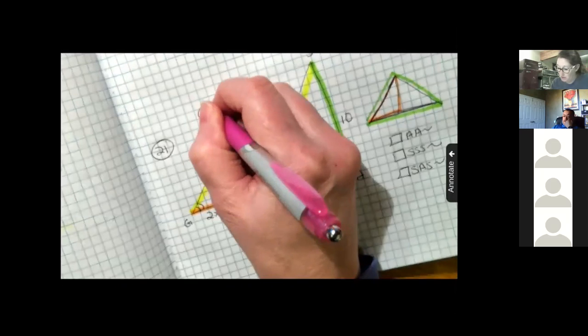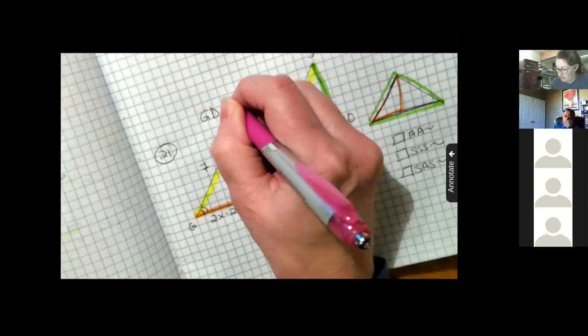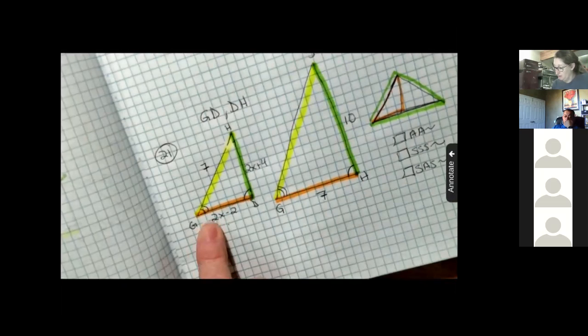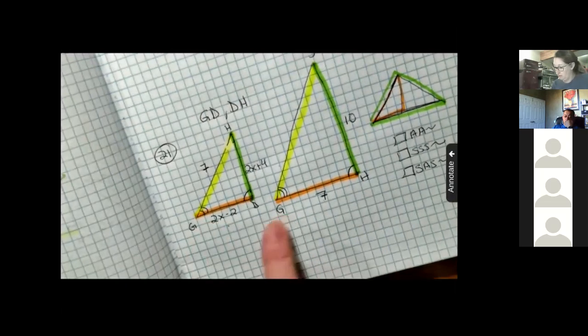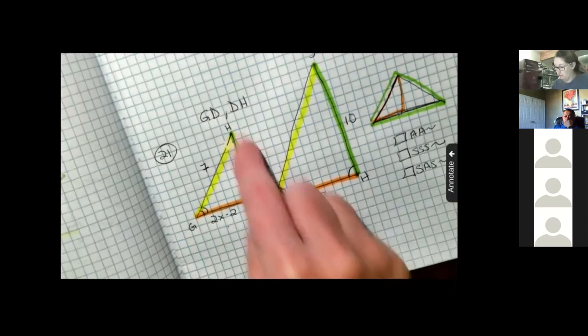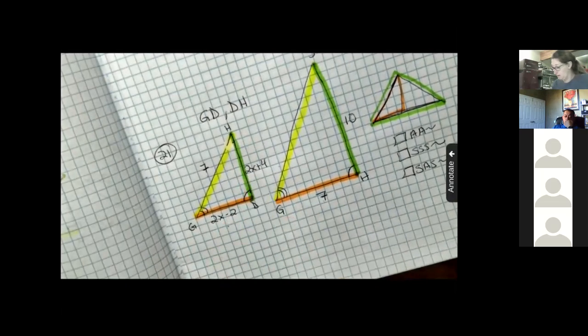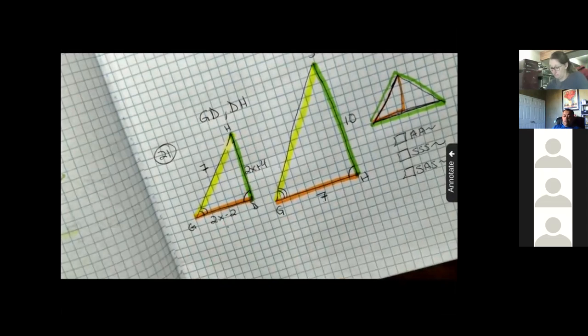They want GD and DH. So GD is here, and HD is here. So it's always the ones that have the X's, typically. So those are the ones I have to find. So what do I have in common? What did they tell us? Do we have any sides that work?